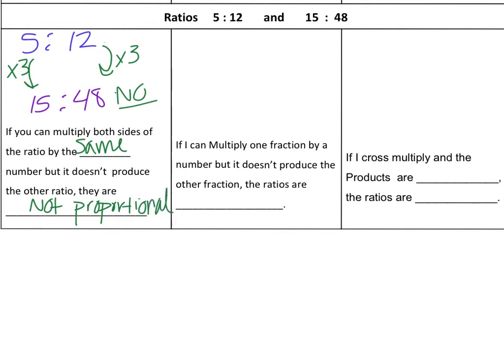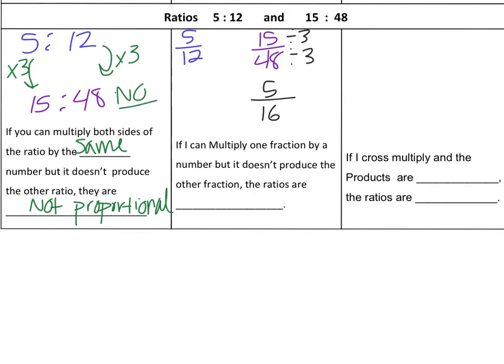Okay. So let's do the fraction way. I have 5 over 12 and 15 over 48. Another way you can do this instead of just multiplying is reducing the fraction. So let's reduce 15 over 48. I can divide them both by 3. 15 divided by 3 is 5. 48 divided by 3 is 16.